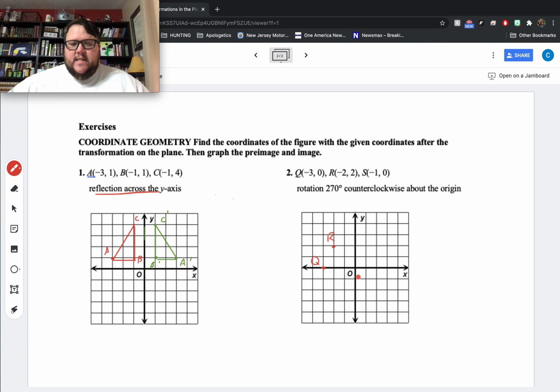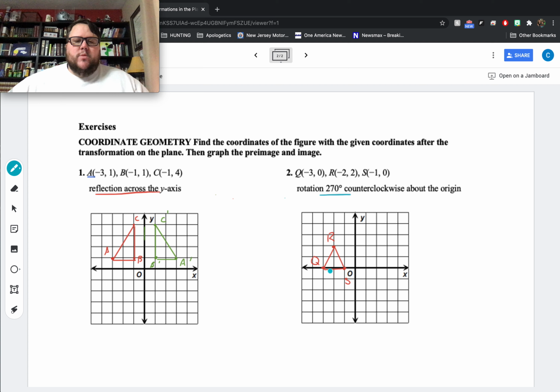And S is negative 1, 0. That's our pre-image. So now we're going to rotate 270 degrees.